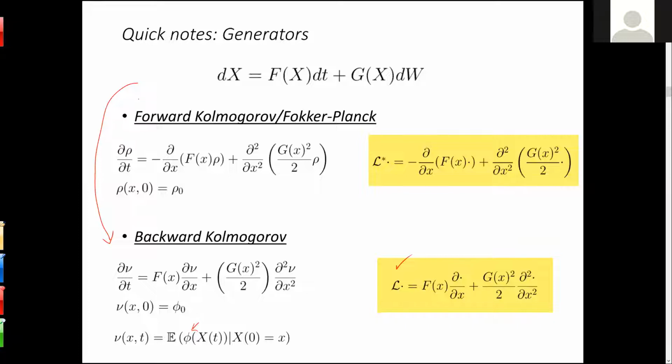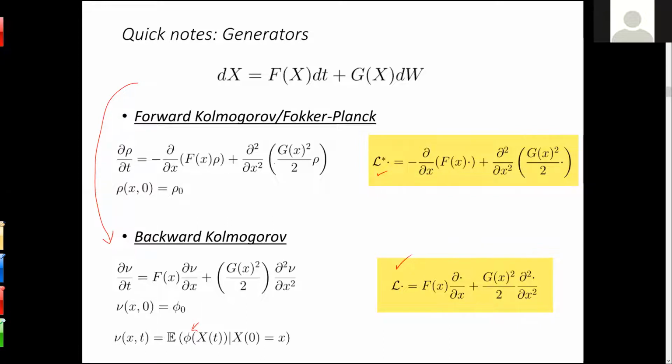There is an adjoint operator related to L. The adjoint of L is called forward Kolmogorov, or in the physical sciences mostly called the Fokker-Planck operator, which gives you the Fokker-Planck equation.